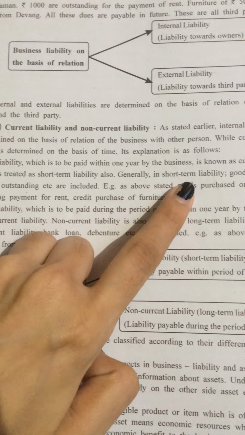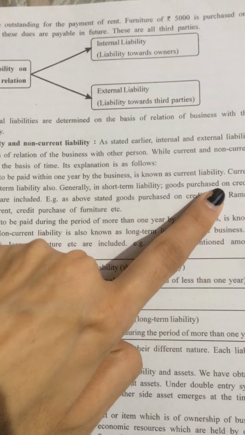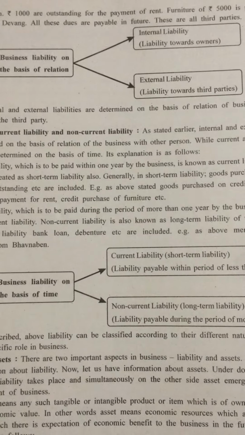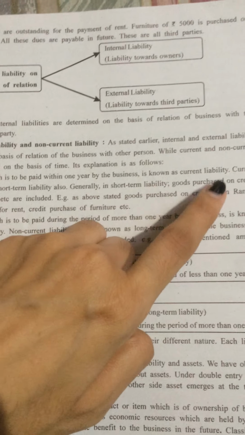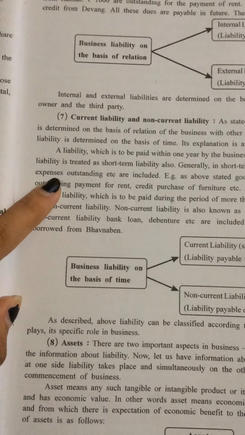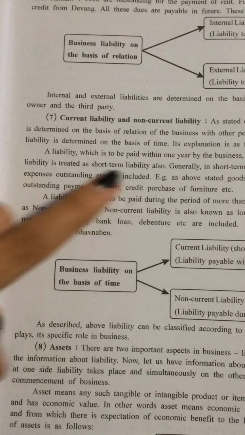Generally, in short-term liability, goods purchased on credit and expenses outstanding are included.